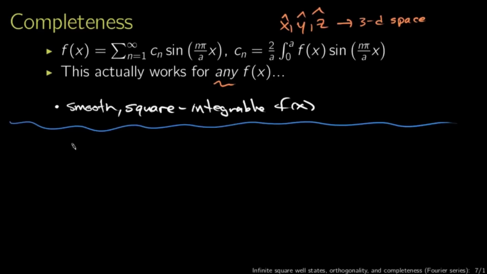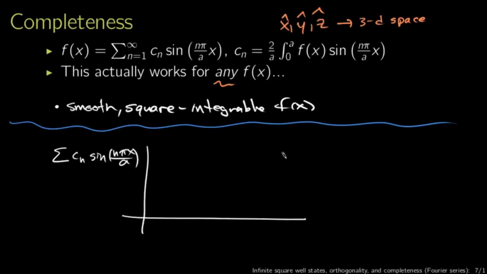This works because it is possible to write the sum of c sub n sine of n pi x over a, such that if I plotted this as a function of x between 0 and a, I can make functions that look like this. I can make functions that are very sharp and very tall.